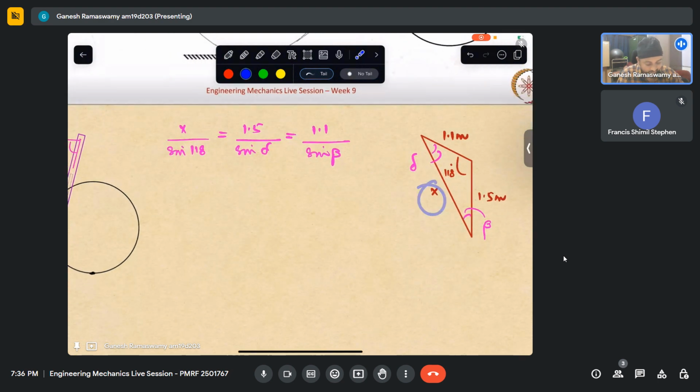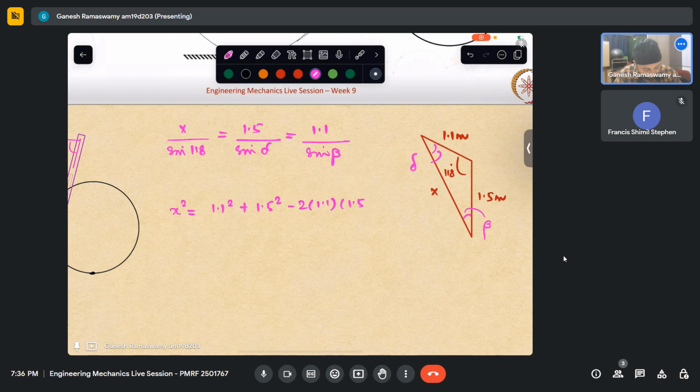I can evaluate this when I know 1.1 and 1.5 and I know this angle. I can apply cosine rule and evaluate that. So x squared is nothing but 1.1 squared plus 1.5 squared, minus 2 into 1.1, 1.5, cos 118 degrees.